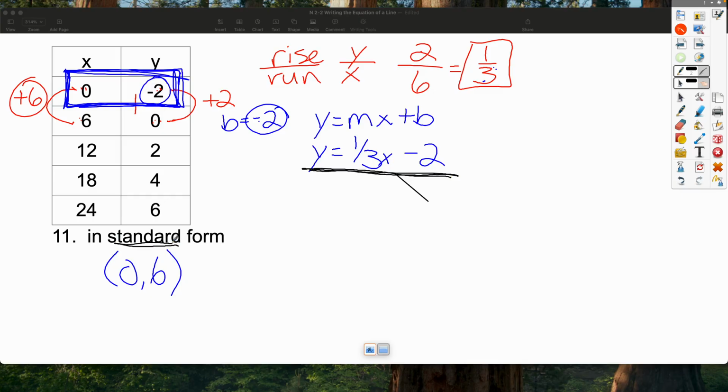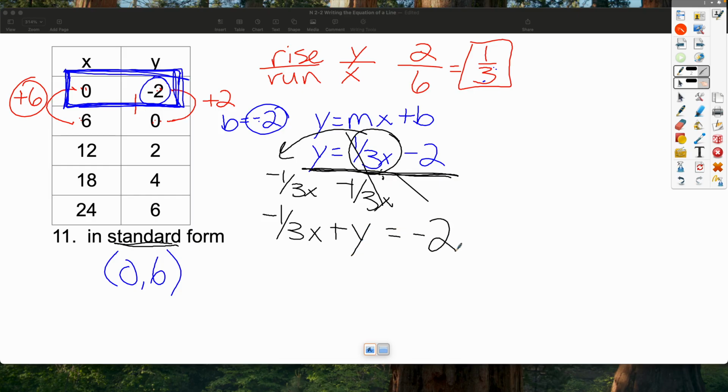Standard form is where we move the x's from the right to the left. How would I move this x? Subtract, right? We do the opposite, so I'm going to go minus 1/3 x on both sides. Cancel those out. So on the left, I'd have negative 1/3 x plus y equals the -2 that we left on the right.